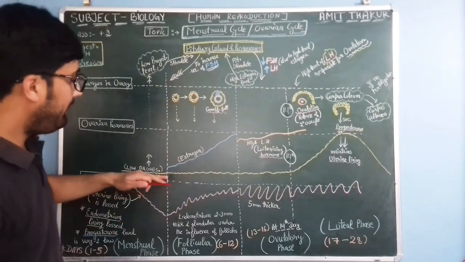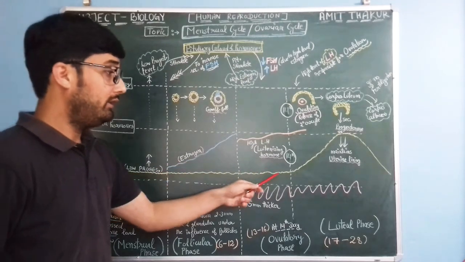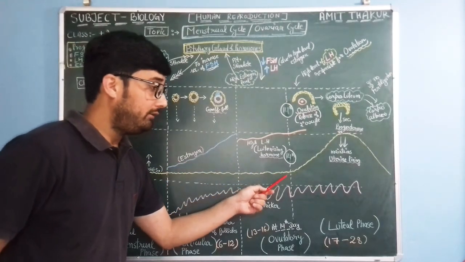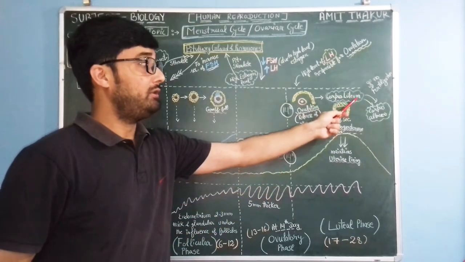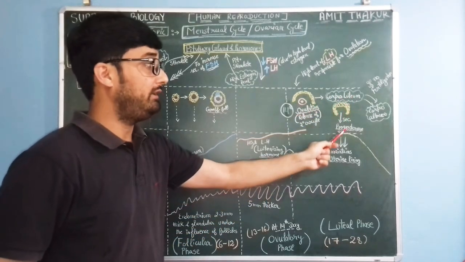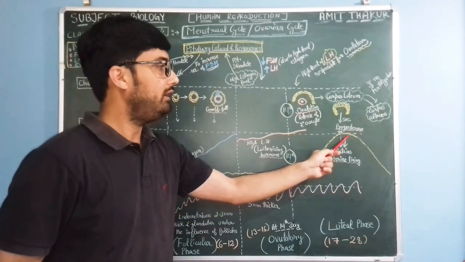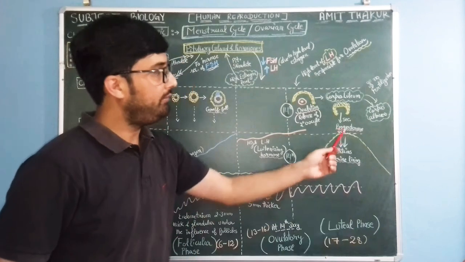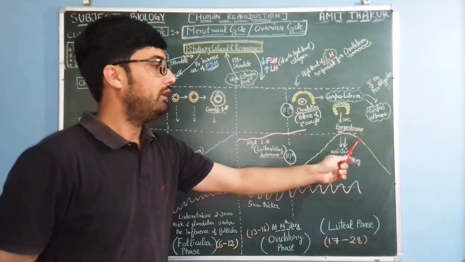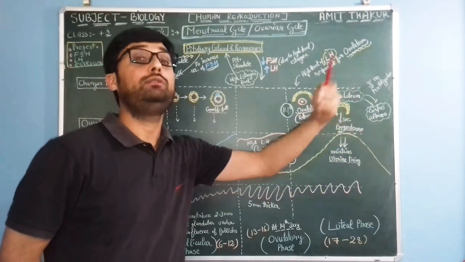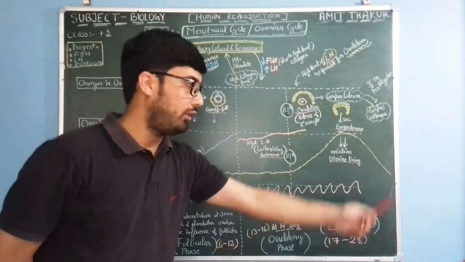The progesterone level keeps low all the time, but just after the ovulatory phase, when the luteal phase begins and the corpus luteum forms, which secretes progesterone, its level becomes high during the luteal phase, and afterwards it becomes corpus albicans. There is no secretion of progesterone now, so if there is no fertilization, its level becomes low.